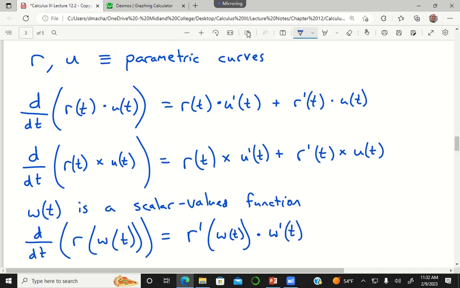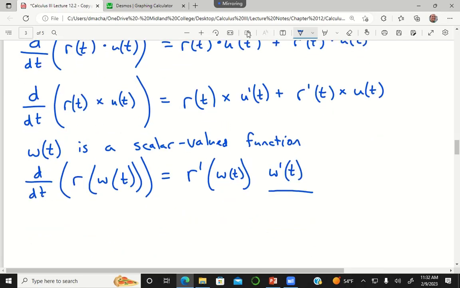But since w of t is a scalar valued function, that's not the dot product. That's just plain old normal multiplication, right? That's just a scalar times a vector. Maybe I should label that. That's a scalar, while this is a vector. So you just multiply all the entries in the vector times the scalar.